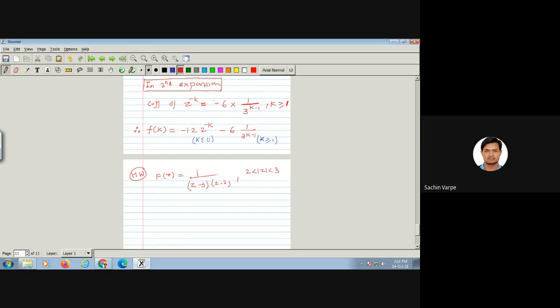Can you solve this? Yes, sir. We'll try. So try this and submit as a homework today only.